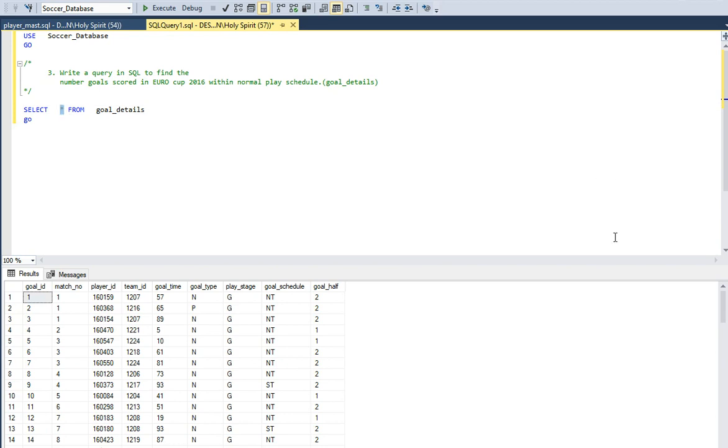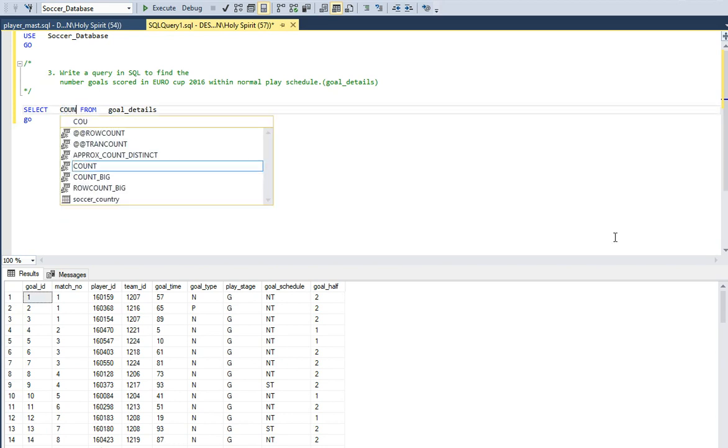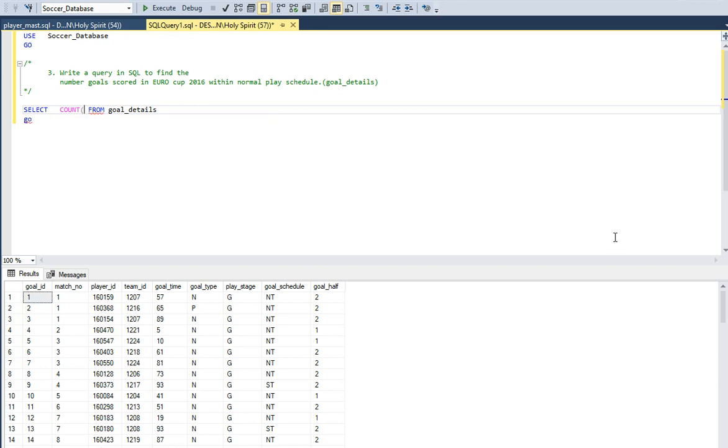So we have to count. We can say goal ID. That's unique, so we can take that. Goal ID from goal details, where, because there is a condition, normal play schedule.